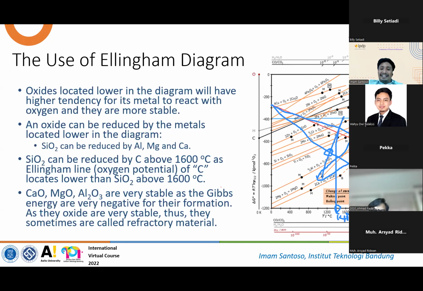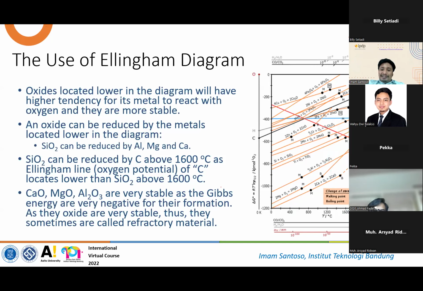Initially, it is like this at total pressure of 1. But we can change the slope of the Ellingham diagram. The slope becomes steeper by changing total pressure. If we change total pressure, then automatically the oxygen partial pressure will change. So basically, the concept is still from the Ellingham diagram.